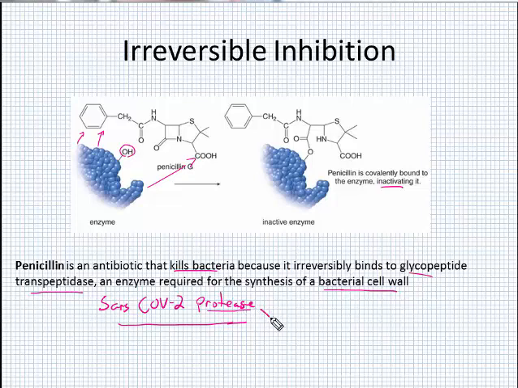And this is a target for certain drugs that also irreversibly inhibit or kill the enzyme. So watch that video and you'll learn more about another type of irreversible inhibition.